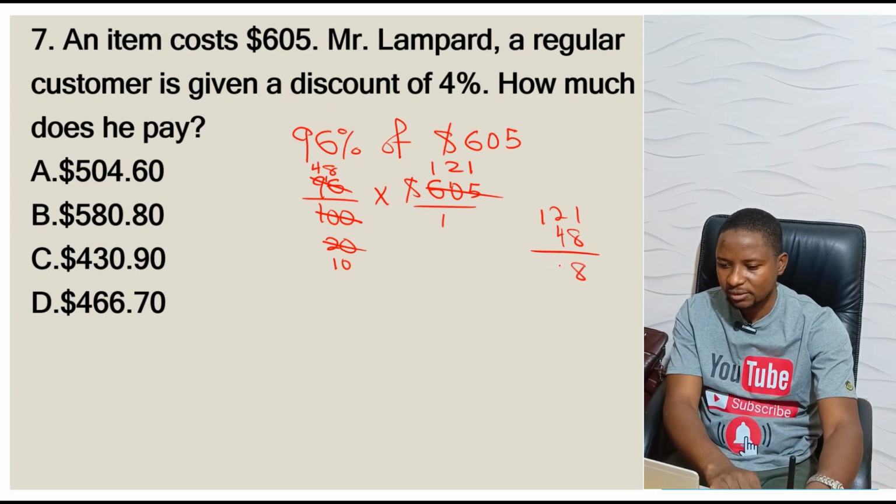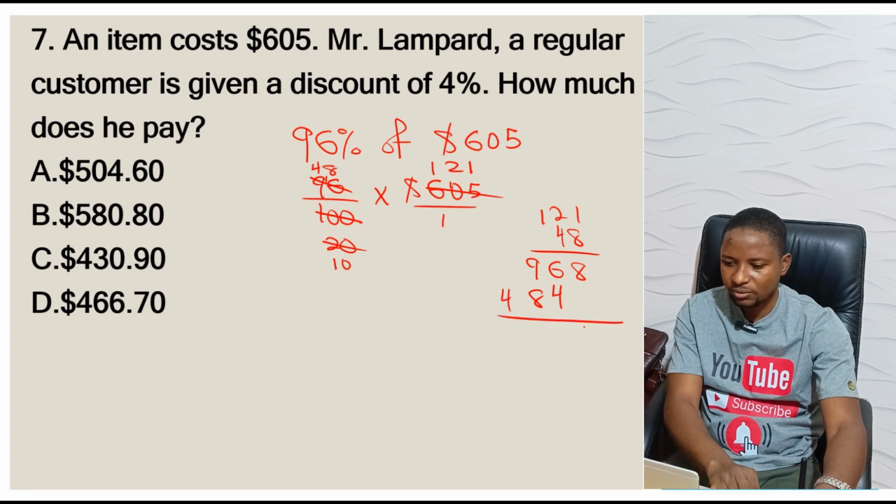8 times 1 is 8, times 2 is 16, carry 1. 8 times 1 is 8 plus 1, 9. 4 times 1 is 4. 4 times 2 is 8. 4 times 1 is 4. And when you add up, you have 8. This is 10, carry 1. This is 18, carry 1. And this is 5.